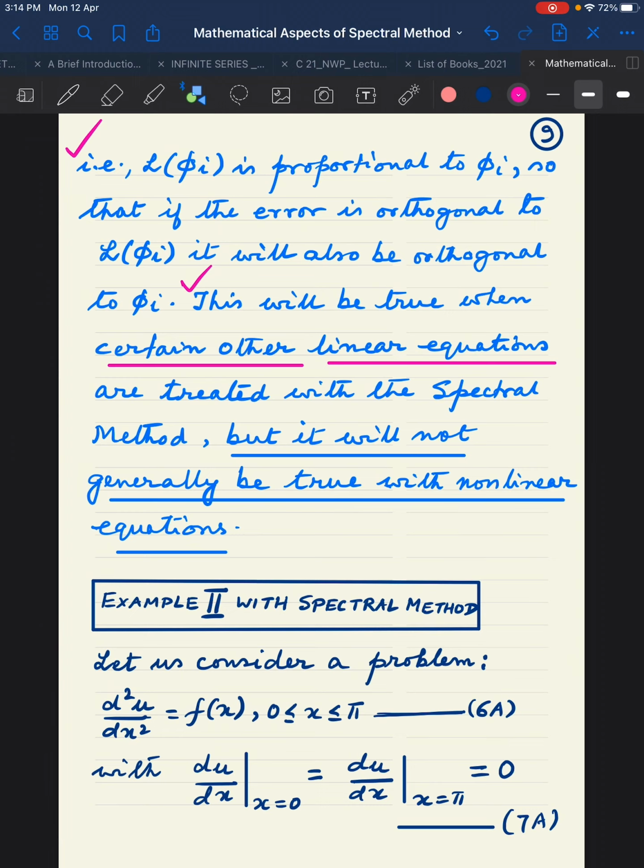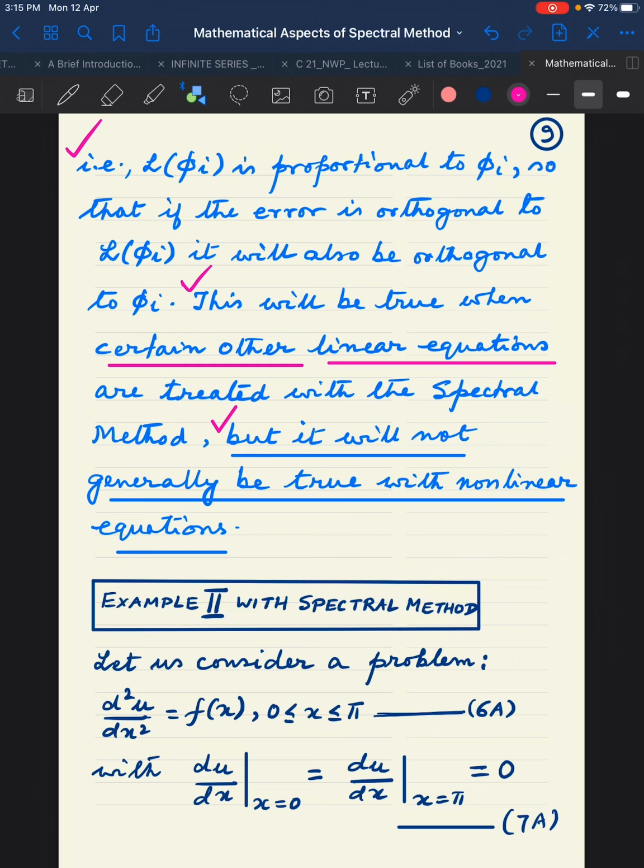It is true that certain other linear equations can also be treated like this, but it will not generally be true. It may or may not be true with nonlinear equations. To get rid of this situation, we have numerical weapons in our hand, not actual weapons, but numerical methods.